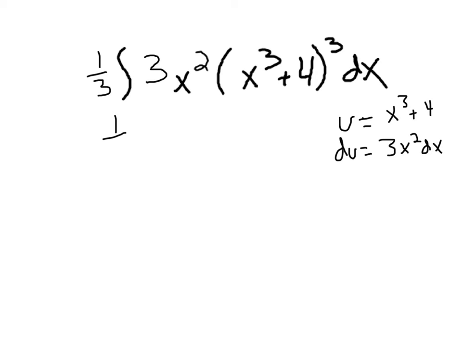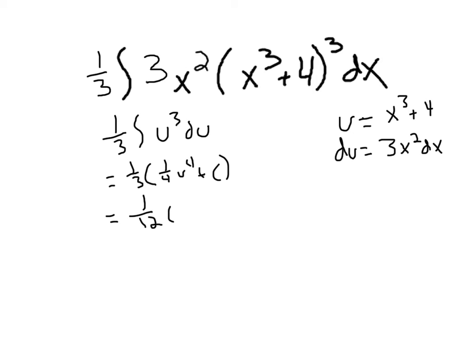This is now 1/3 the integral of u cubed du, or 1/3 times 1/4 u to the fourth plus c, or 1/12 times x cubed plus 4 to the fourth power plus c.